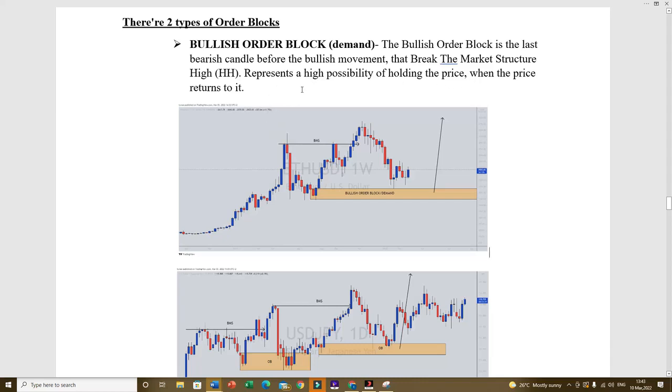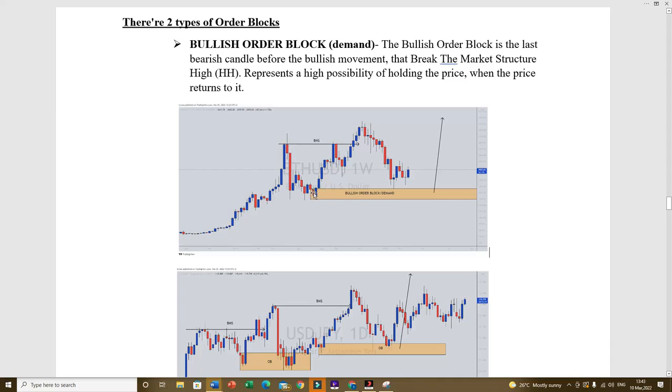So what I mean by that statement is, using the concepts that we explained in the previous videos, you look at the chart, price on this very chart was moving up. It created this high, came down. Before price went upwards, it left this red candlestick, the last red candlestick before price turns. That's what we call an order block.